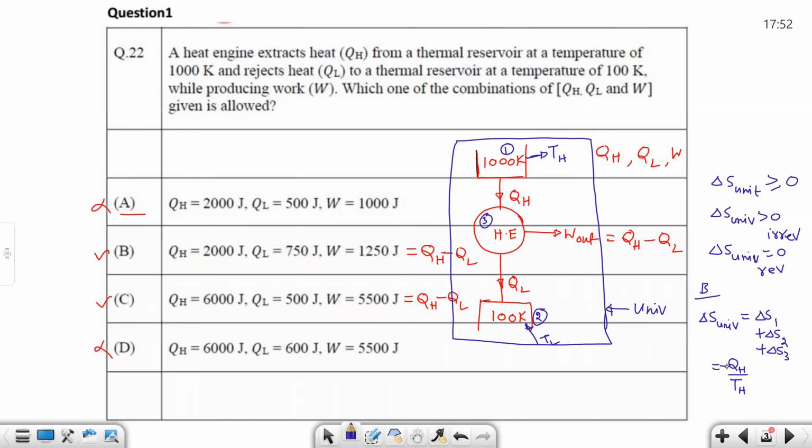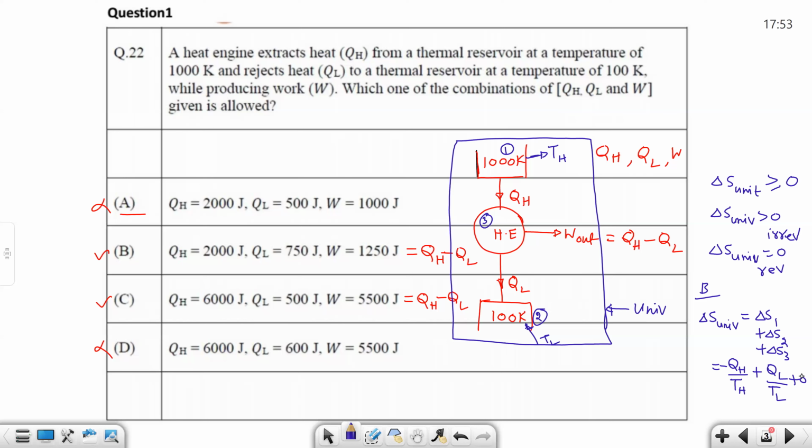And for system 2, this thermal reservoir at 100 Kelvin is receiving heat, so entropy change will be positive: QL by TL. Entropy change for the cycle will be 0 because entropy is a property, so entropy change for a cycle is always 0.